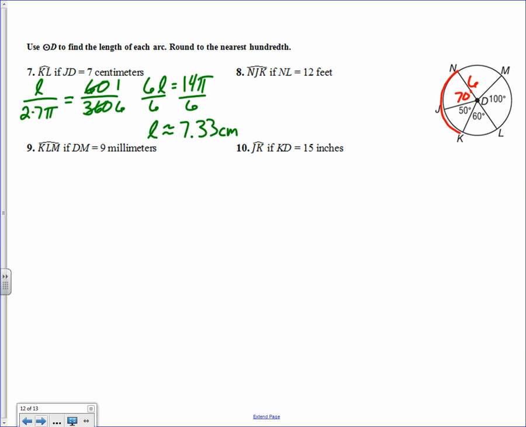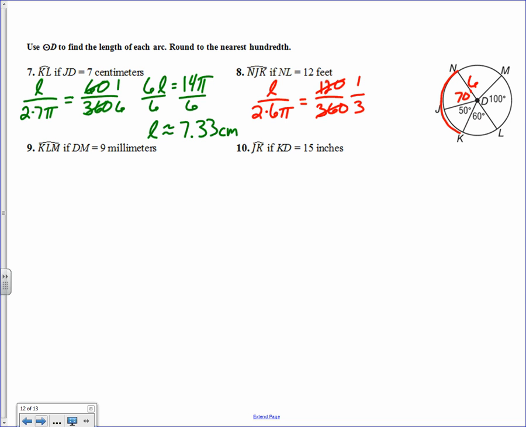So we have the arc length over 2 times 6 pi, right? 6 again is the radius, equals the arc measure, or the central angle measure, which is 120 over 360. That simplifies to 1/3.